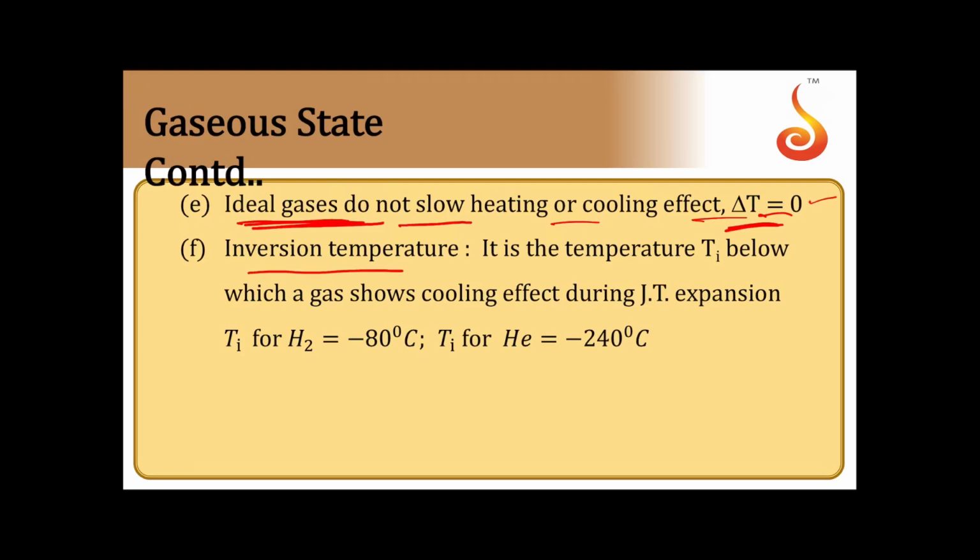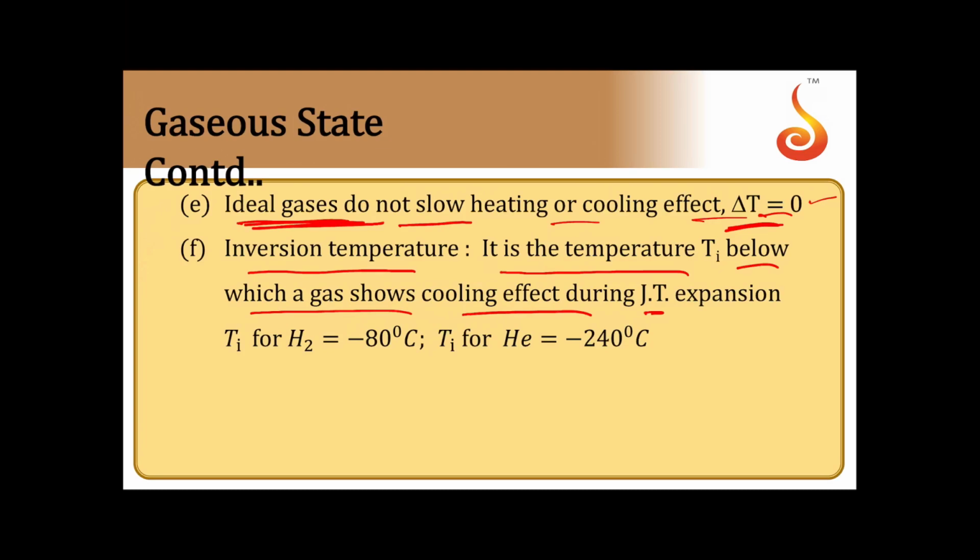Then comes inversion temperature. It is a temperature, represented as Ti, below which the gas molecules will show cooling effect during Joule-Thomson expansion. To experience the Joule-Thomson effect, the molecules must have attractive forces. Unless the molecules have attractive forces, they will not experience the Joule-Thomson effect.